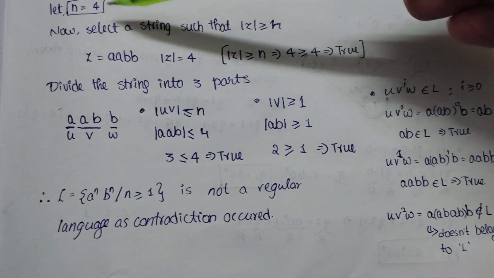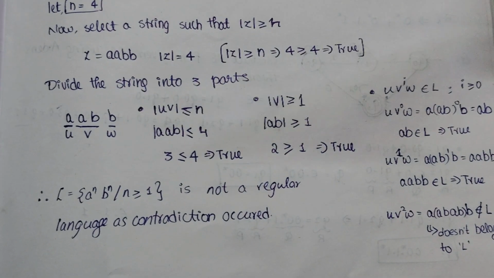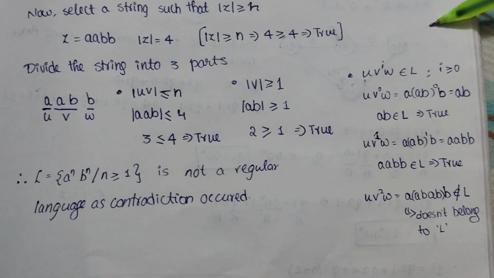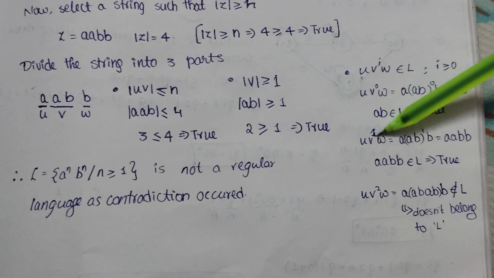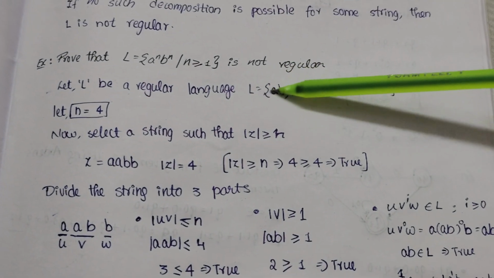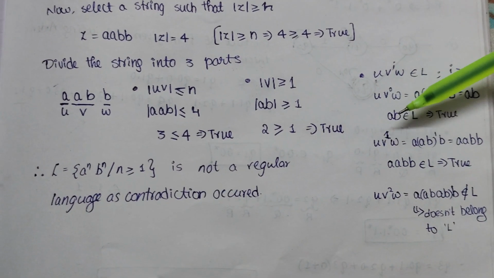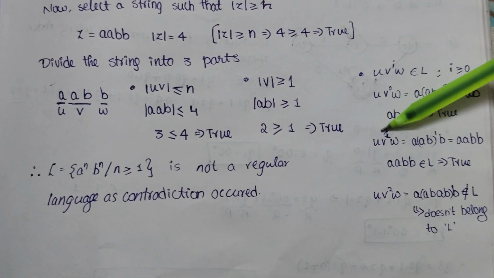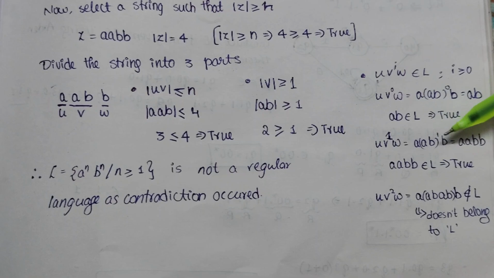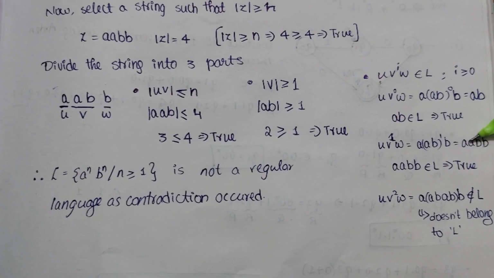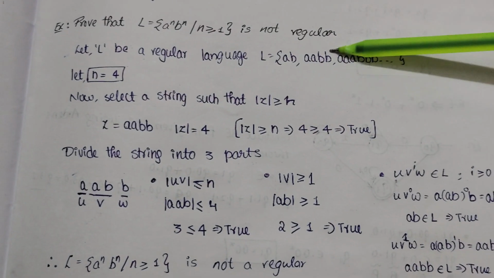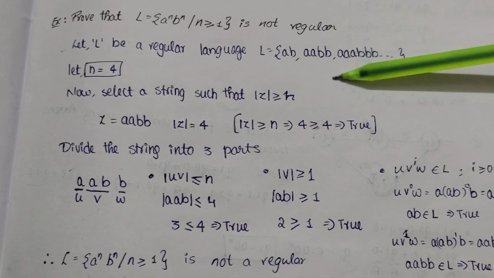Anything to the power 0 is 1, so the output is ab. Is ab belonging to the language? Yes, ab exists in the language, so it is true. Now let us take v^1, which is (bb)^1 into b. We will be getting abbb. This also belongs to our language.